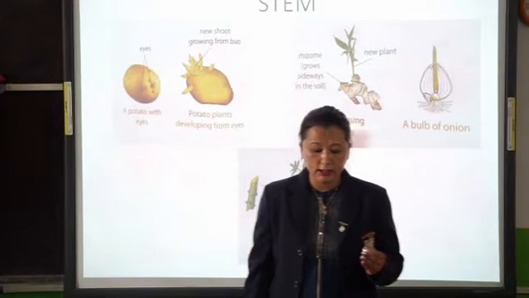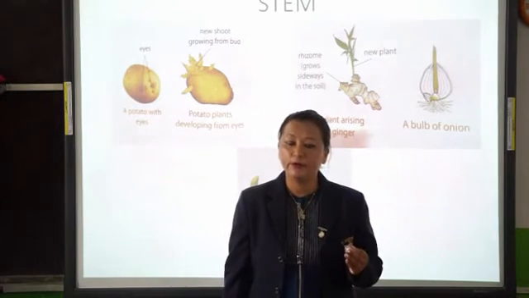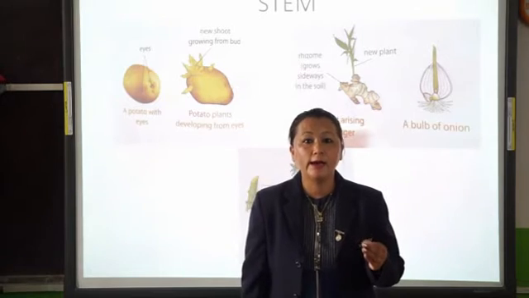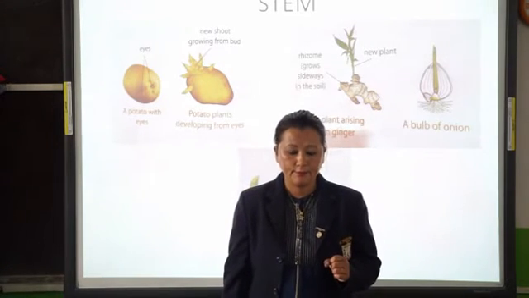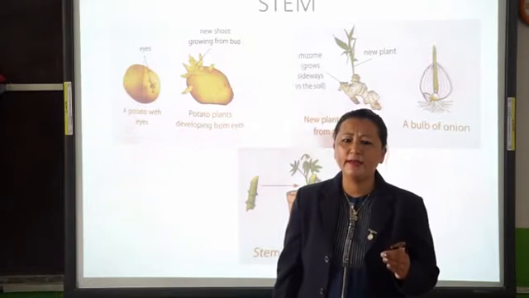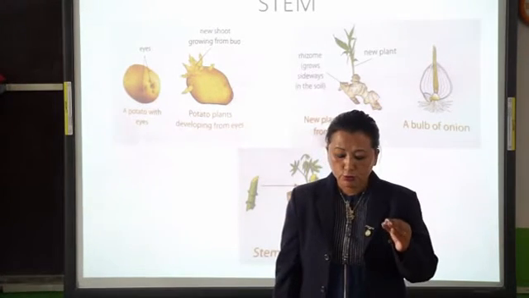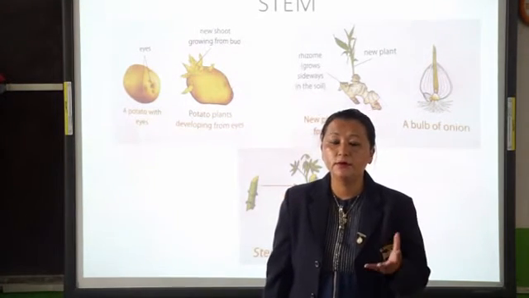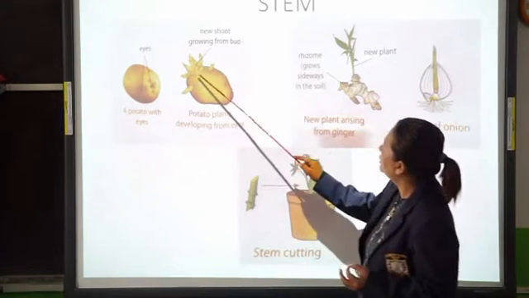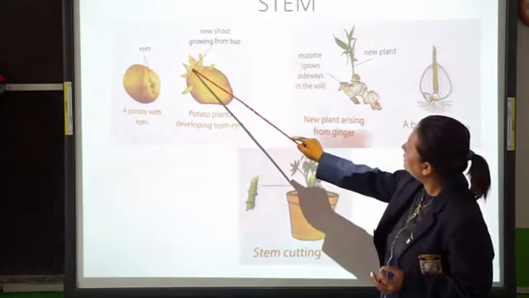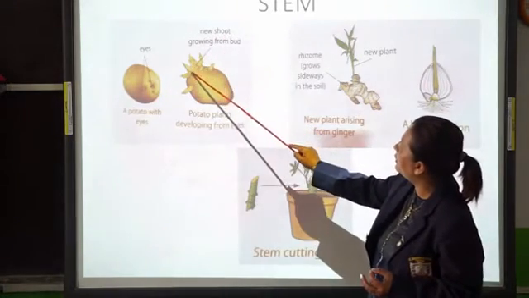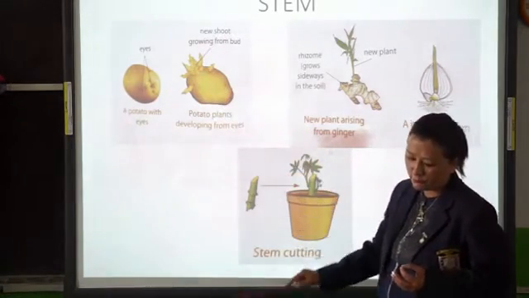Now when you see the examples of potato and ginger, these are underground stems. You must have noticed that there are very small shoots that emerge from a potato or ginger. You can see a new shoot growing from a bud over here.